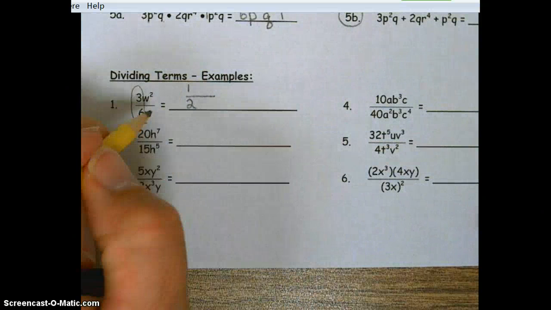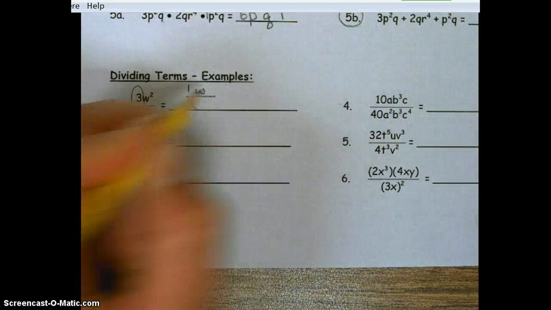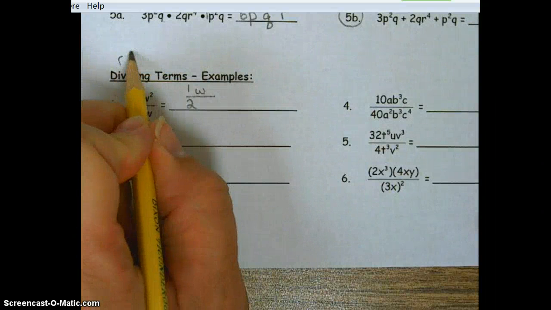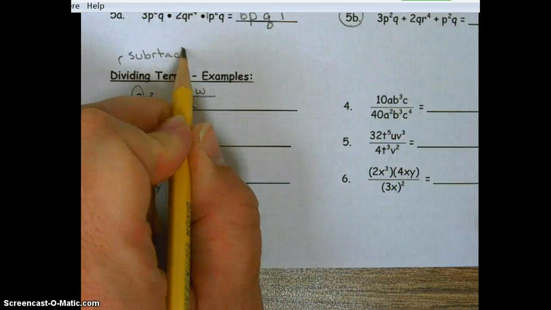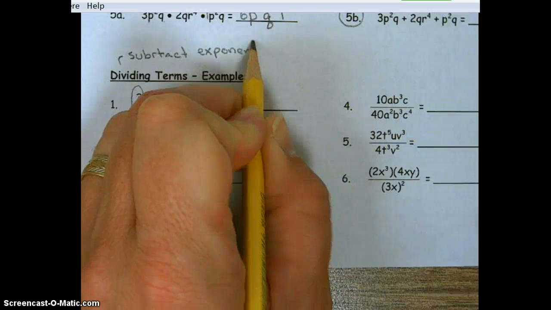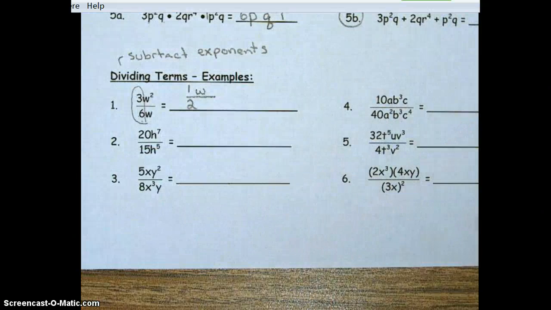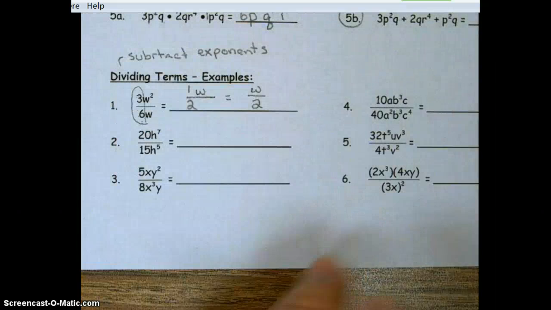Okay, and then our base is W. Put it on the top, and then subtract. Remember the rule for dividing is subtract exponents. So 2 minus 1 is 1. So we get W over 2.